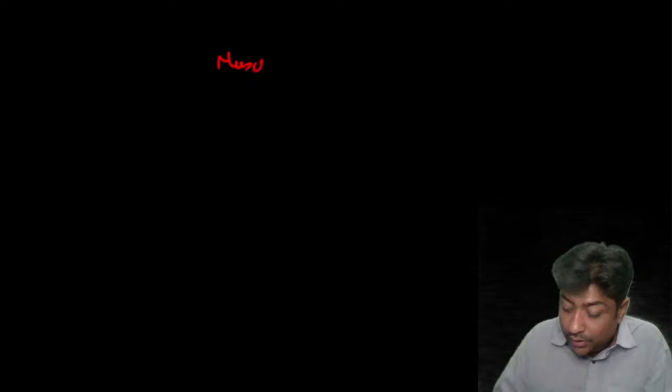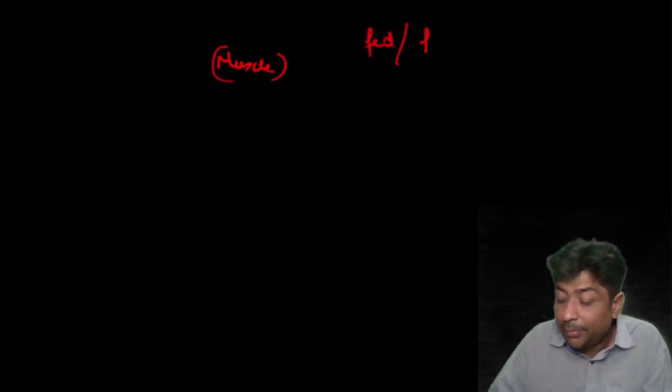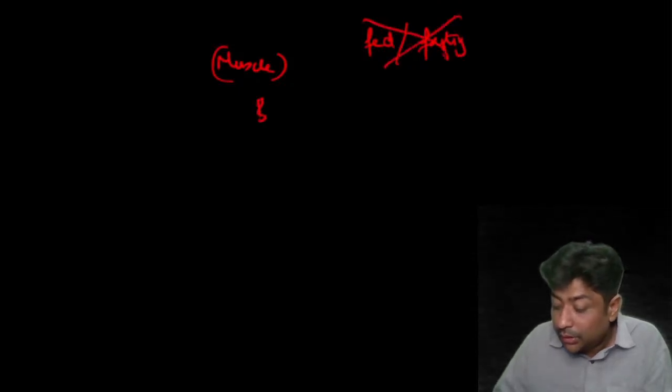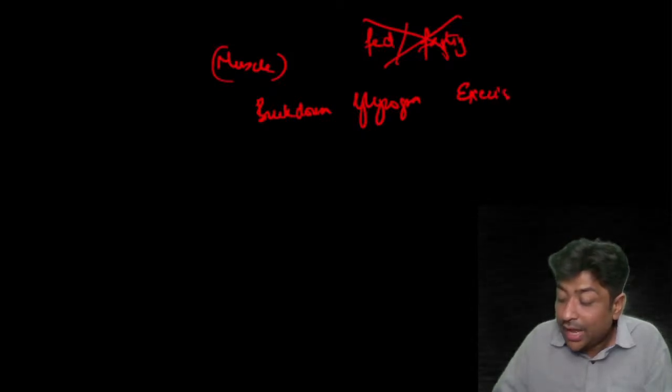Again, let me explain what happens in muscle. Muscle does not want to regulate its glycogen level based on the fed and fasting state. Basically, it wants to break down glycogen when the muscle is exercising.